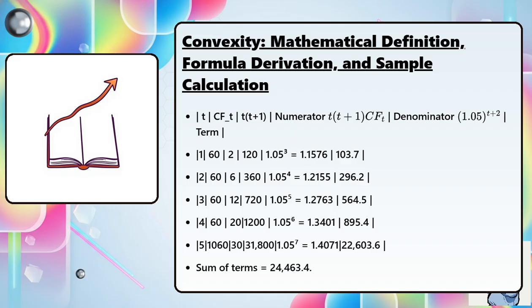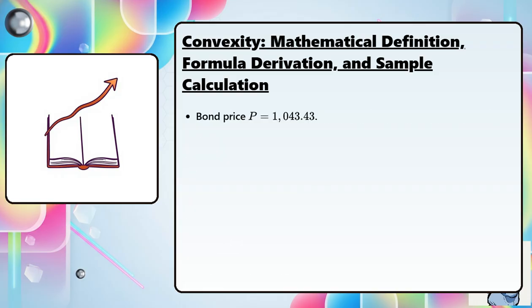Sum of terms equals 24,463.4. Bond price P equals 1,043.43. Convexity C equals 24,463.4 divided by 1,043.43 equals 23.45.